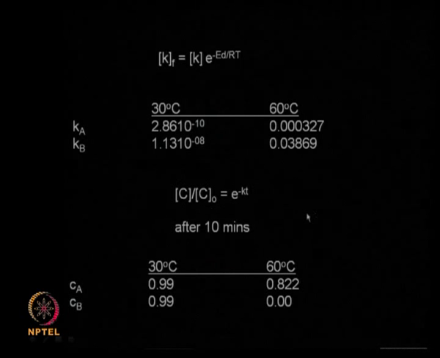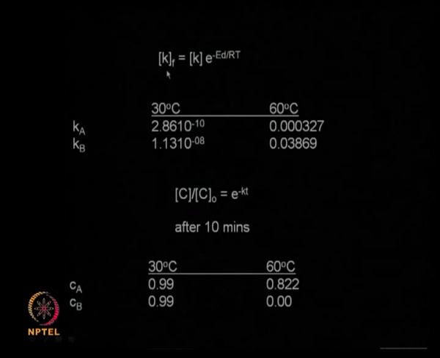So that is how temperature affects deactivation kinetics, and generally it is reasonable to assume an Arrhenius type of dependence for deactivation of proteins or enzymes, and we generally assume a first order type of relationship for the deactivation kinetics. So these two equations are valid for most of our enzyme deactivation kinetics.